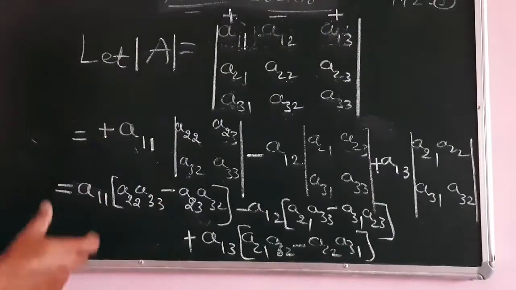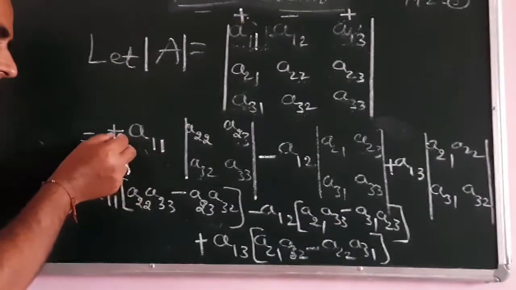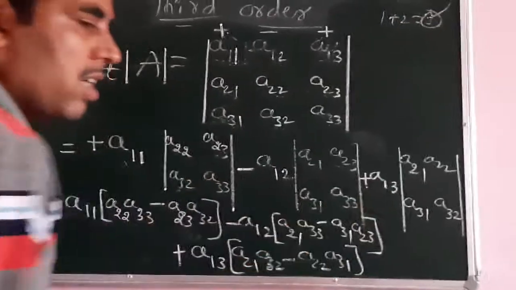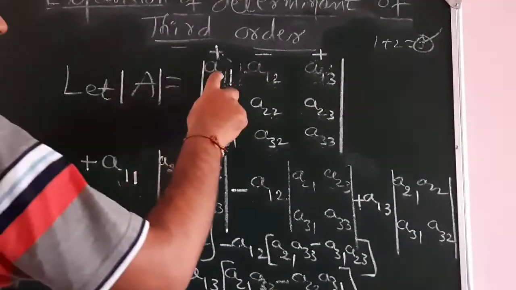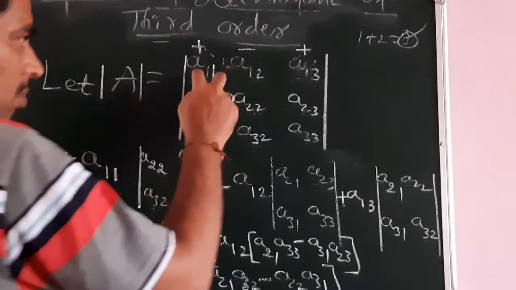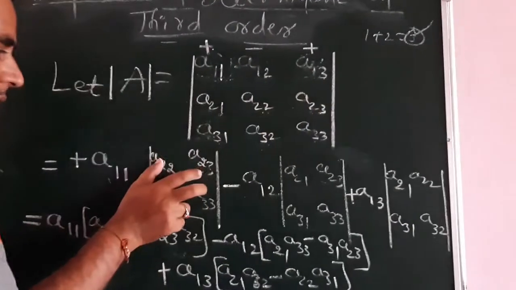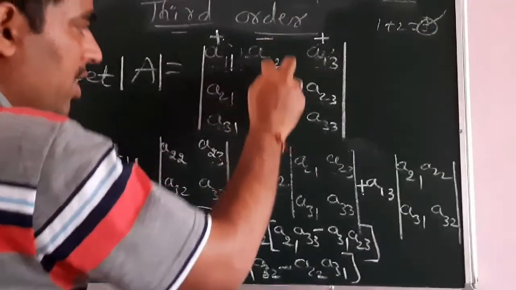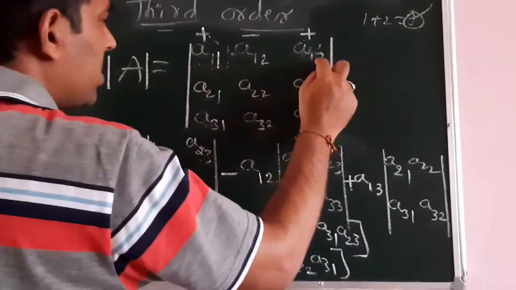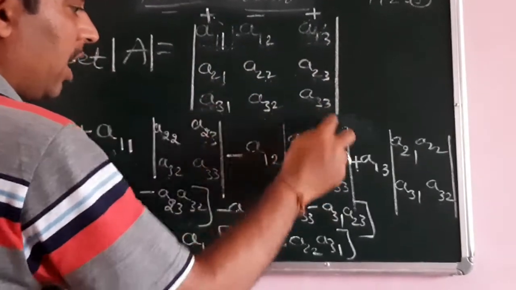So it is the expansion of the third order determinant. What I have done here is write the signs plus, minus, plus, then leave that column and row in which the element lies. If I consider this element, you leave this column and this row, and write the remaining elements here, which is a 2 cross 2 determinant. Then for a12 you leave its column and row and write a21, a23, a31, a33.